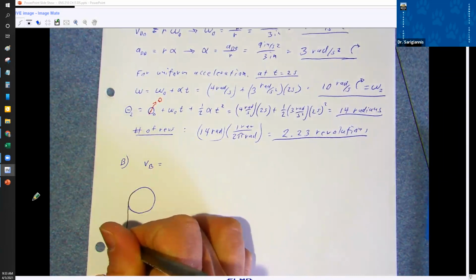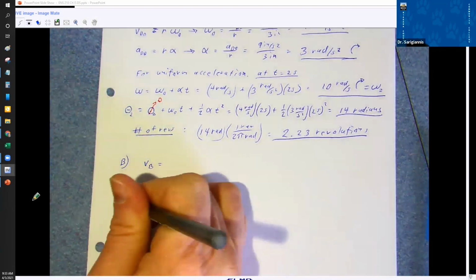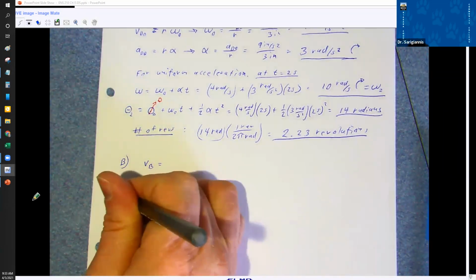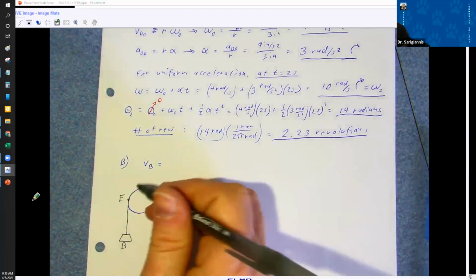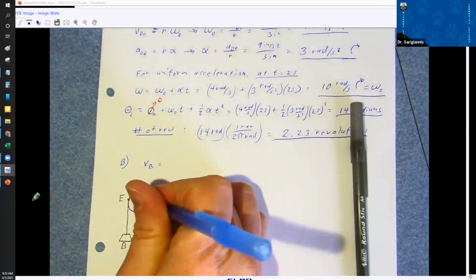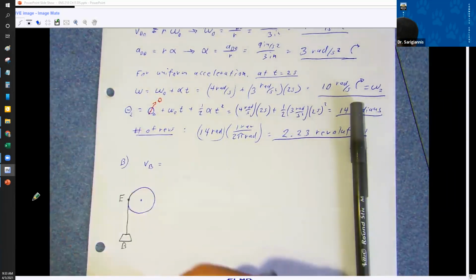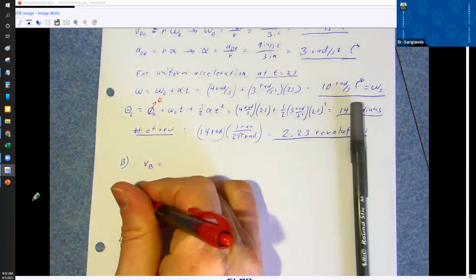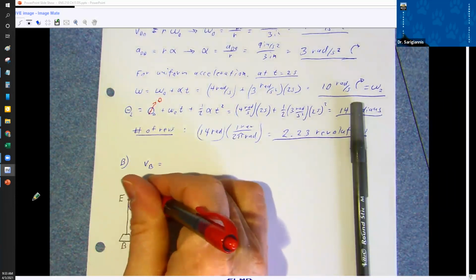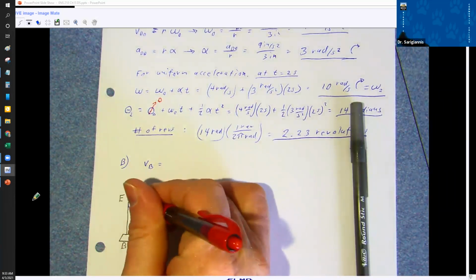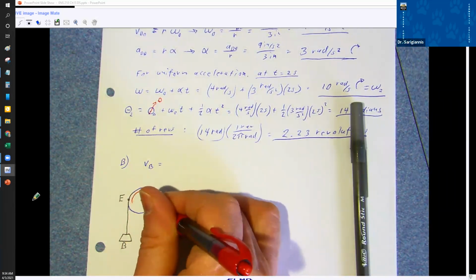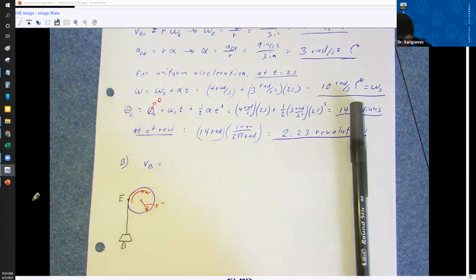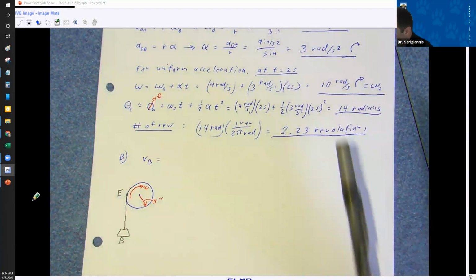This is B. And over here, tangential to where this rope or cord makes contact, is E. We'll call that E. And we've got a center point, we have omega, and we have a radius of 5 inches.